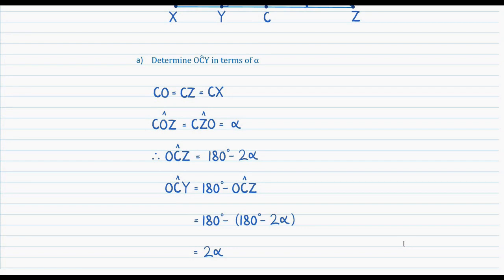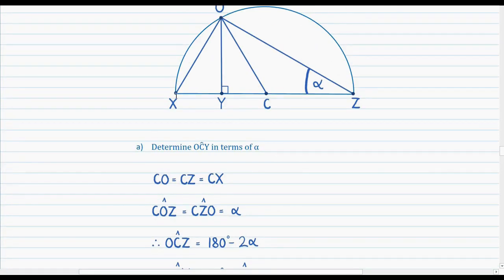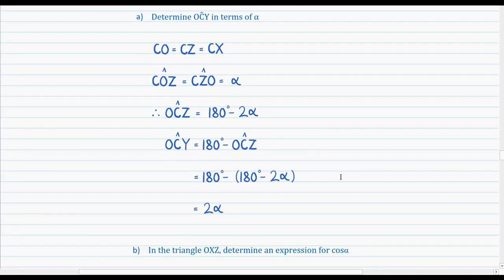Then moving on to part B, in the triangle OXZ, we need to determine an expression for cos alpha.